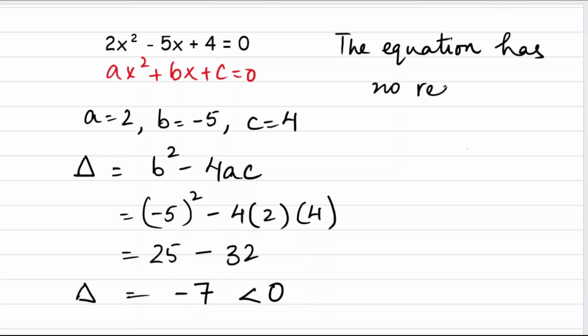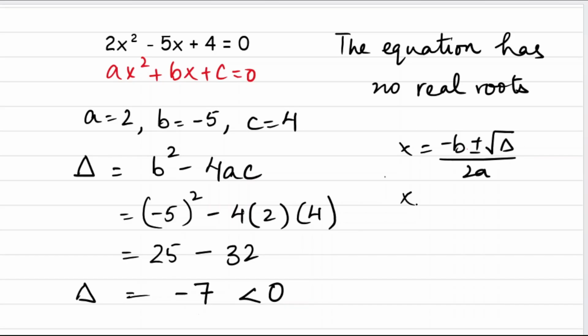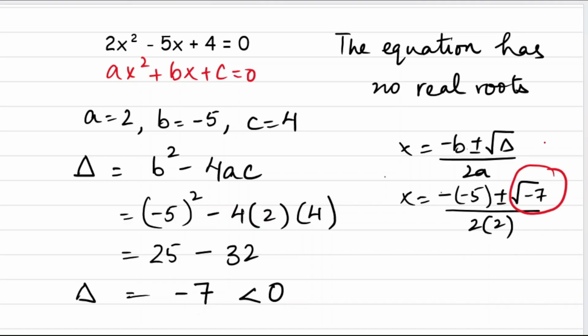Why does it have no real roots? Because if I apply the quadratic formula, I will be getting x equals minus b plus minus square root of delta over 2a. Now if I put the values, minus b was your minus 5, plus minus square root of delta, which is minus 7, over 2 times a, means 2 times 2. Now this quantity, square root of minus 7, does not exist in the real number system.